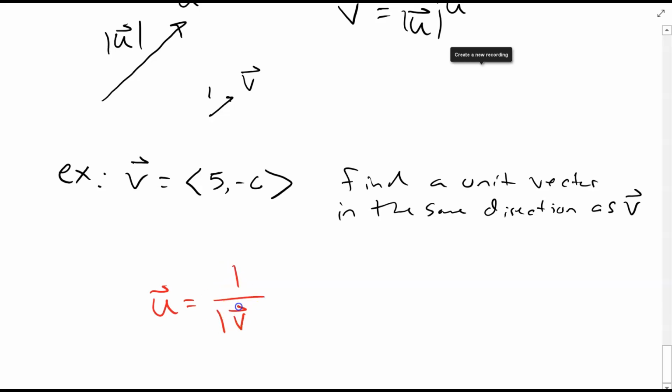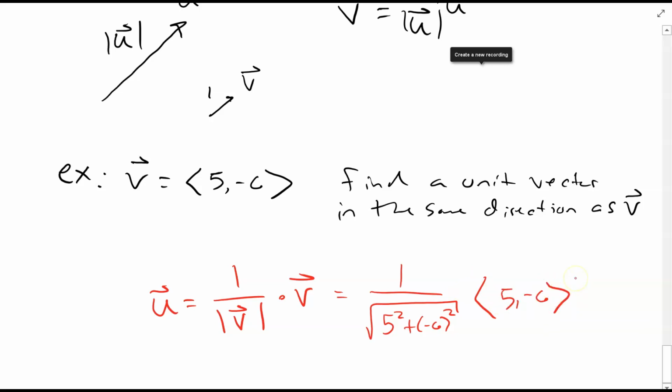So to calculate u, I'm going to do 1 over the magnitude of v times vector v. To calculate the magnitude of v, I take the square root of the sum of the components squared, and then I'm going to multiply it by my vector v.